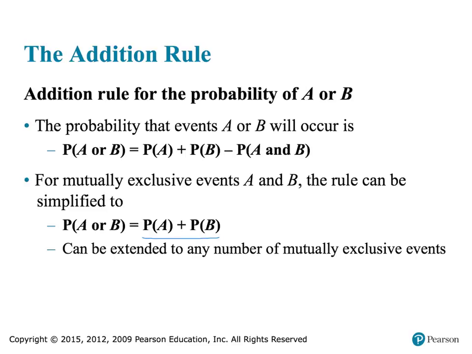But when events are not mutually exclusive, then when you add their probabilities together, the outcomes that are in A that are also in B have been counted twice. So what we have to do when they are not mutually exclusive is subtract what was counted twice, and that would be those outcomes that are in the intersection. Let's demonstrate.